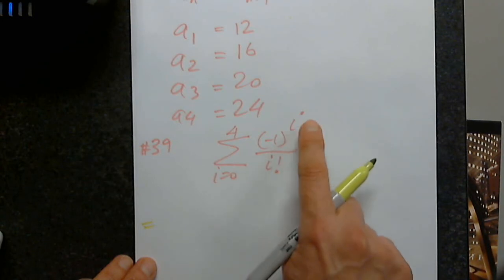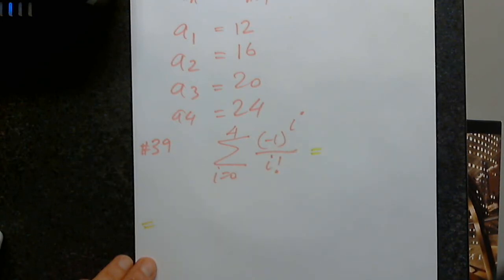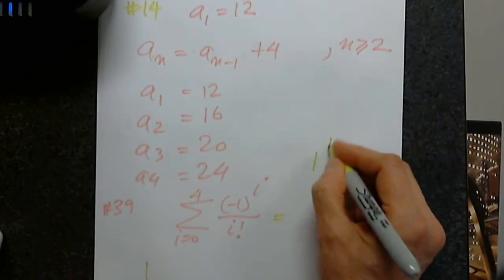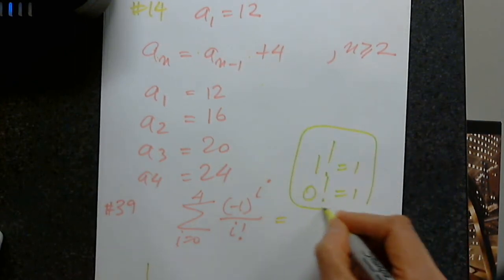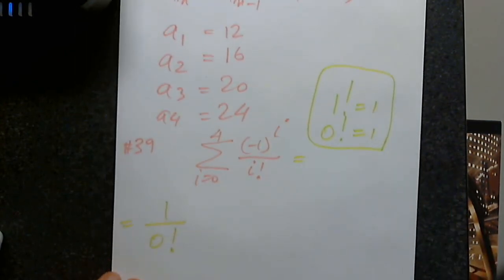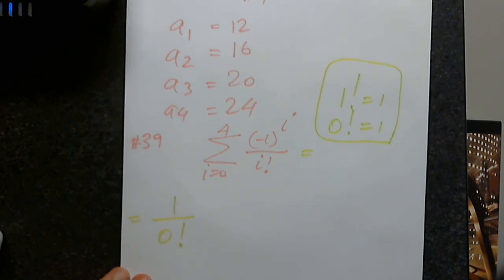How much is negative 1 raised to 0? 1 over 0 factorial. 1 factorial is 1 and 0 factorial is also 1. Please remember that. So we're not dividing by 0 here.